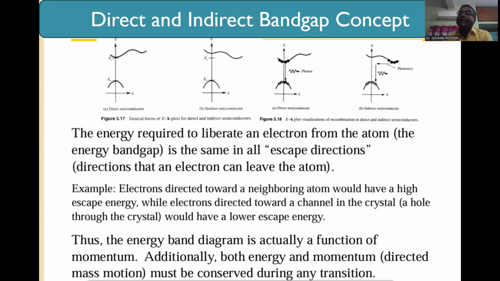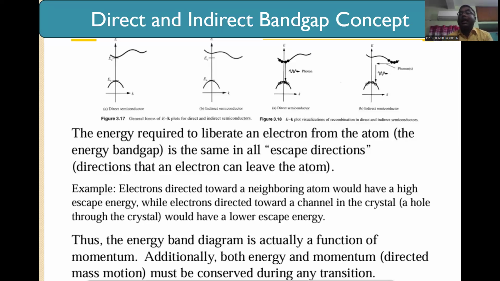So this is called the indirect semiconductor. Due to this, a very small intensity of light will be emitted, but something significant is happening inside the semiconductor due to the traversal of the electrons.